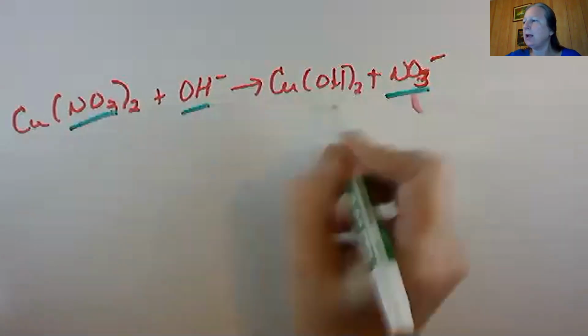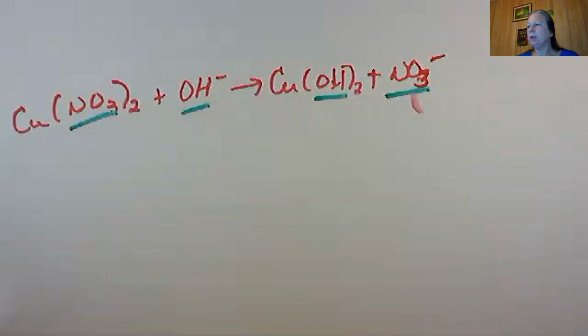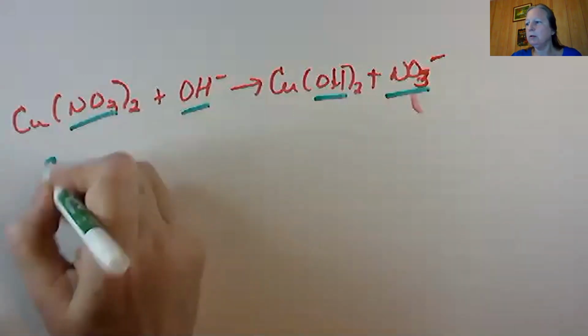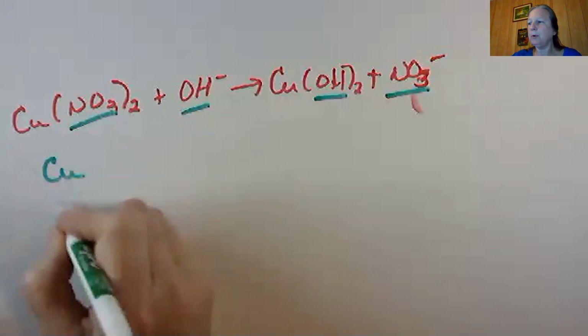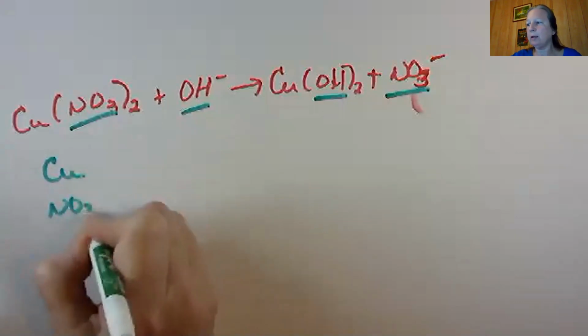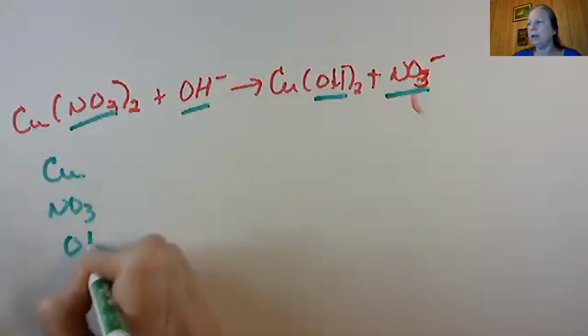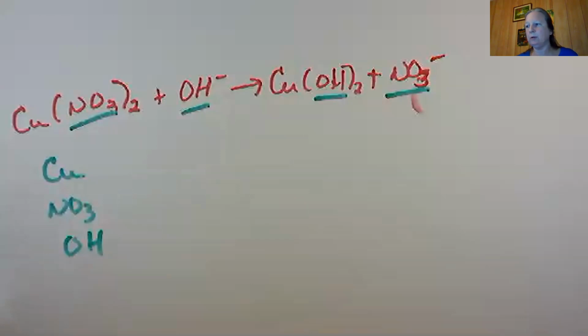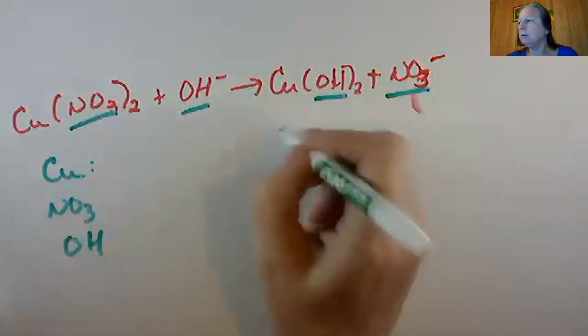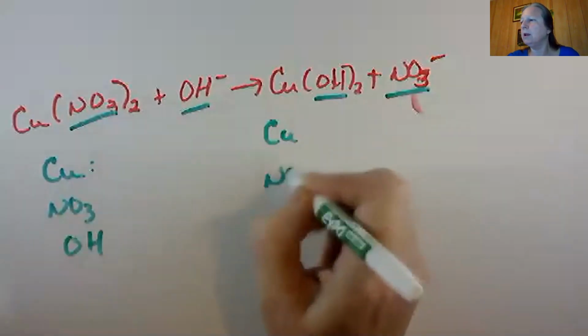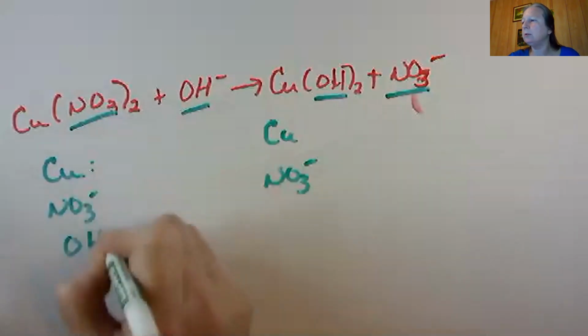So you can usually track it as a unit. I'm going to do that here because I'm just trying to show you the charges. So copper, and I'm going to track nitrate as a unit and OH because they're traveling as a unit. They're never going to separate out.